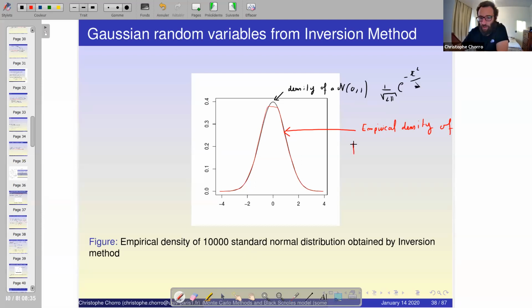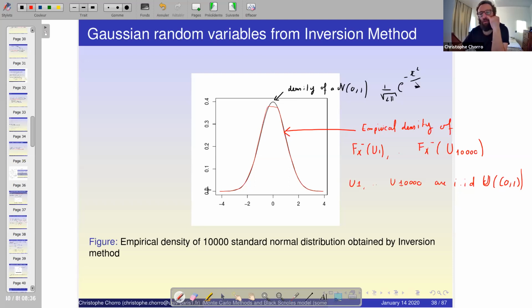That is, I plug in F_X^{-1}(u_1), ..., F_X^{-1}(u_10000), where u_1, ..., u_10000 are IID uniform on the interval 0, 1. So I obtained this. You see that it matches not that badly, but with a little difference around the mean. Whatever, because in practice it's not the methodology we are going to use.